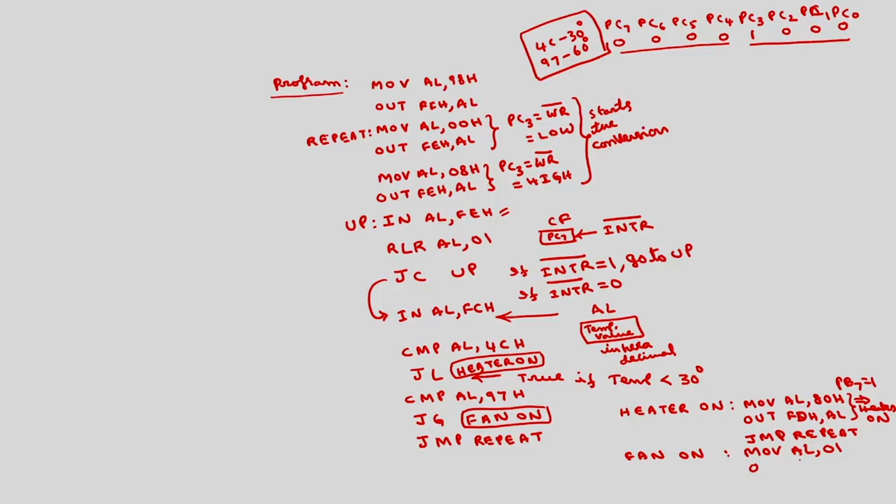Out FDH comma AL. So, these two instructions will turn on the fan. Then unconditional jump again to repeat. This is the program which controls the temperature and maintains it between 30 degrees and 60 degrees.